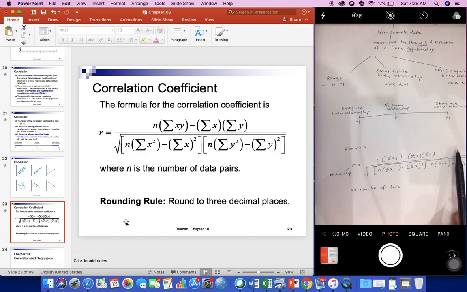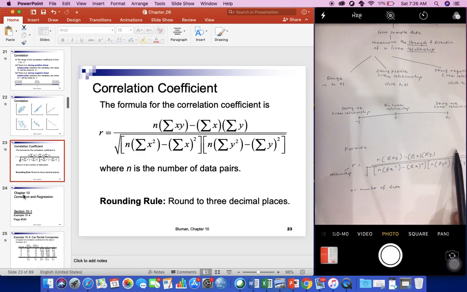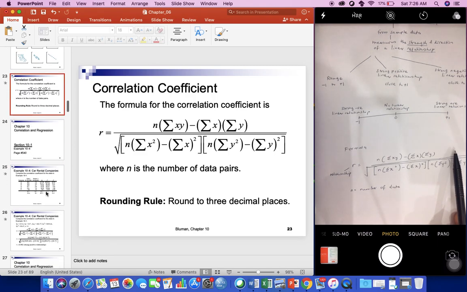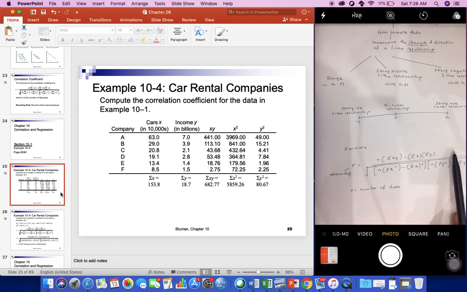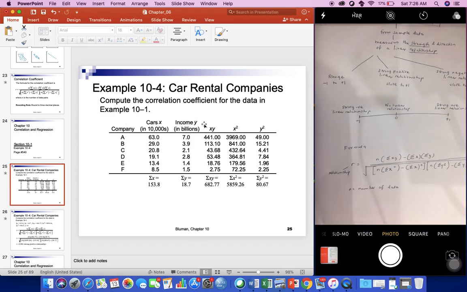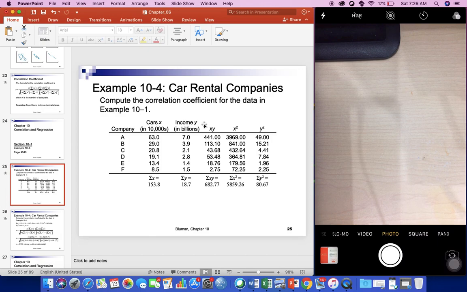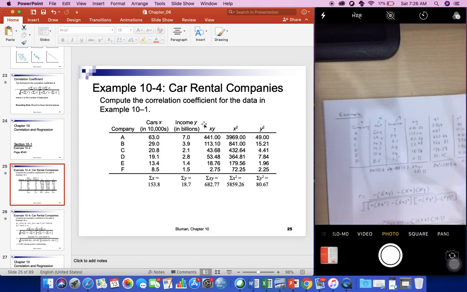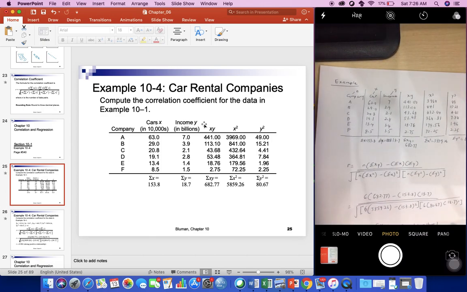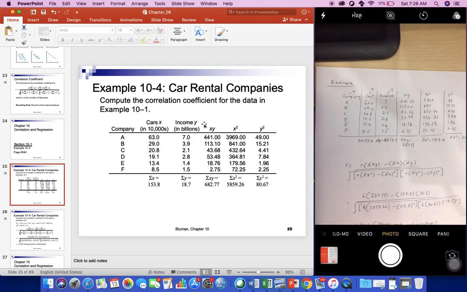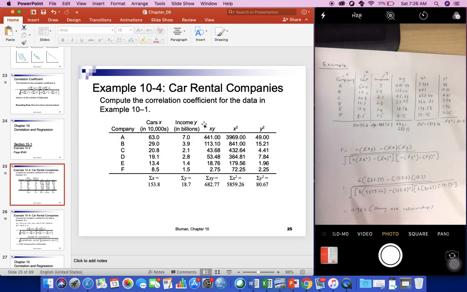Okay, let's see the example. It is the same example that I used in the scatter plot: the companies, the cars, and revenue. R is the relationship.